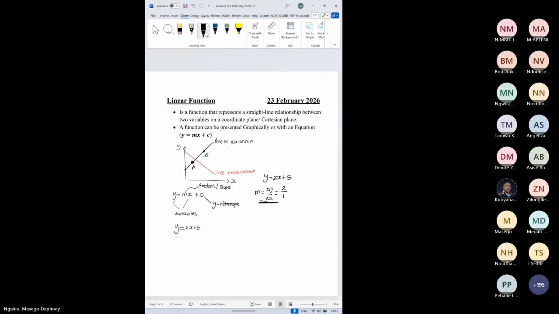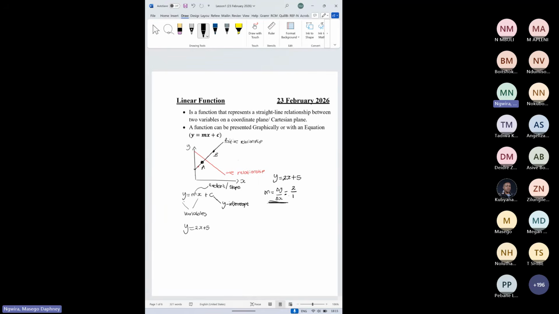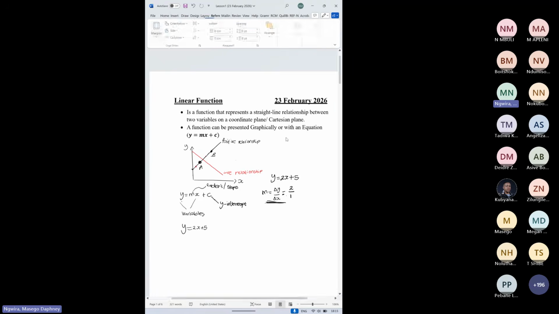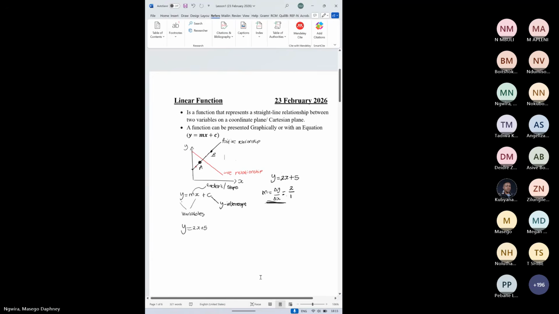All right. Okay, so we can move on to application. So this, we are going to use linear functions to calculate economic variables.